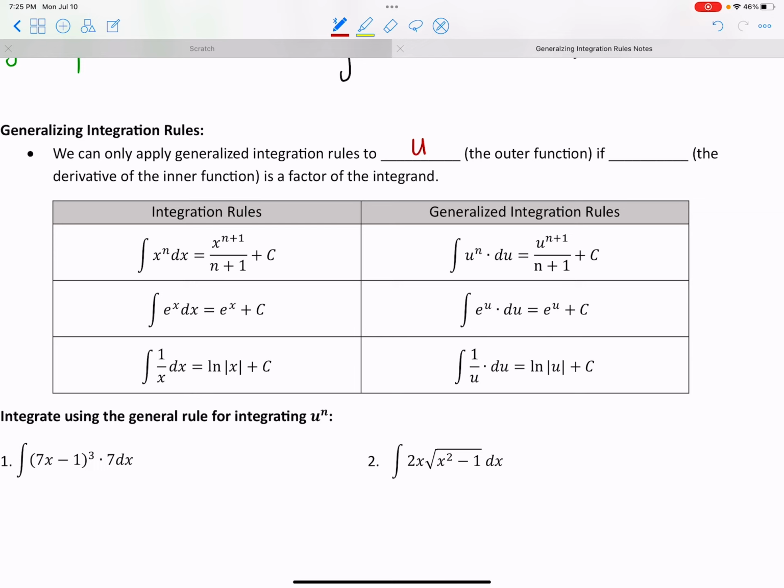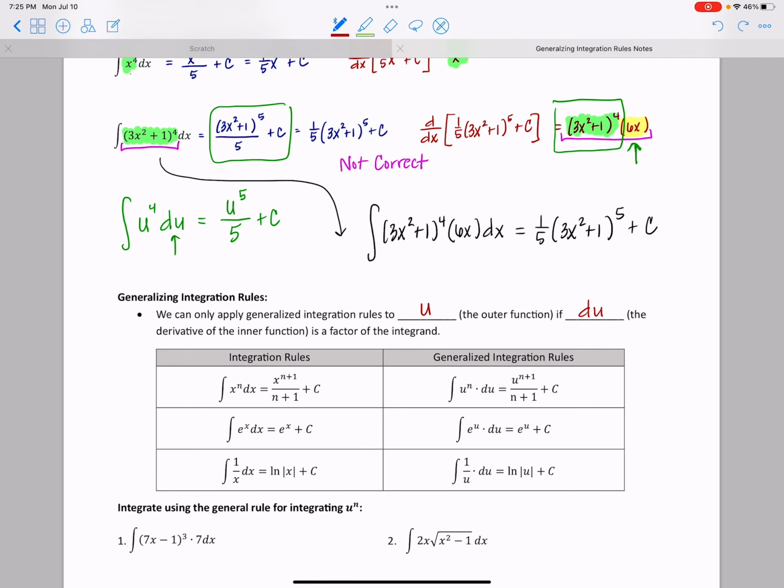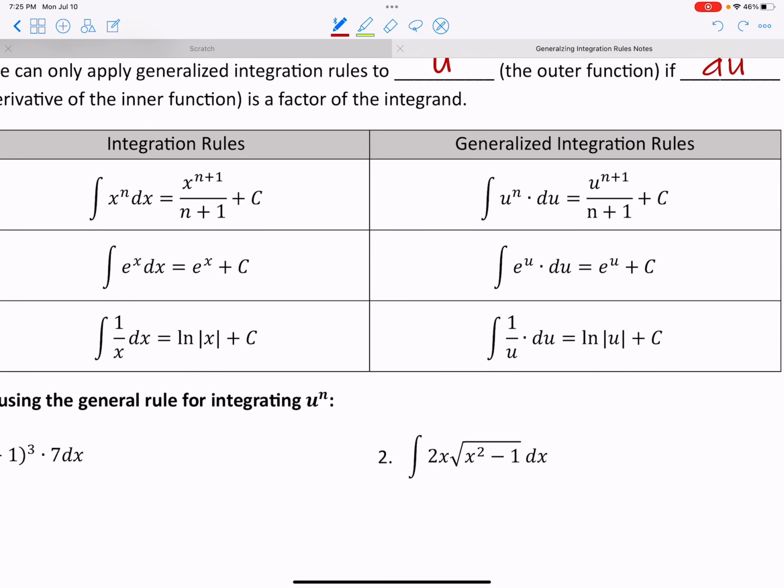We can only apply our rules if du, the derivative of that function, is a factor of the integrand. So u is going to be like the outer function, the outer function being like x to the fourth in this one, and then du is the derivative of that inner function, so 6x in that example we looked at. Okay, so let me show you the generalized form of our rules.